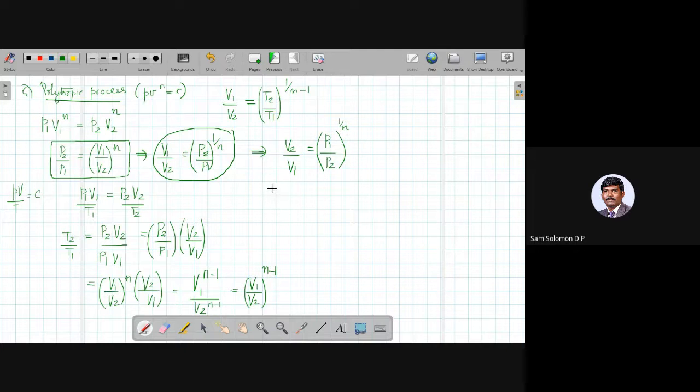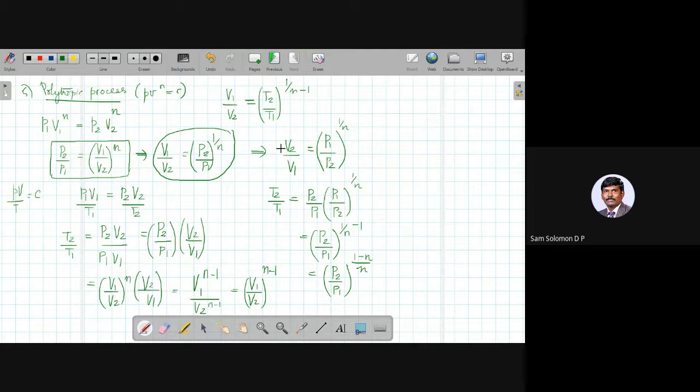And if I want to find T2 by T1, I retain P2 by P1 and replace the other with P1 by P2 whole to the power 1 by n. So what you have is P2 by P1 whole to the power 1 by n minus 1, which is P2 by P1 whole to the power 1 minus n by n.